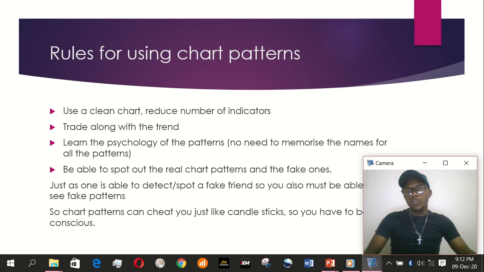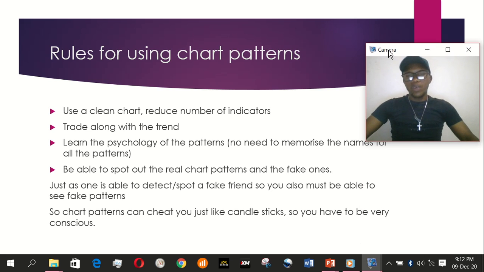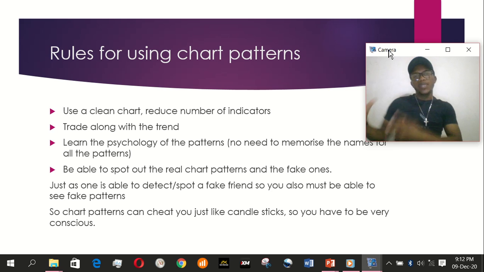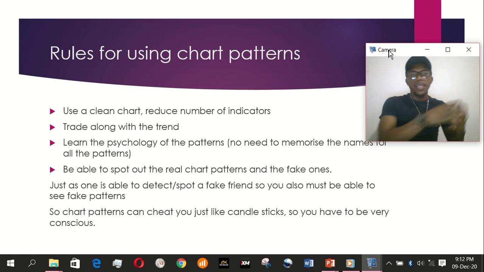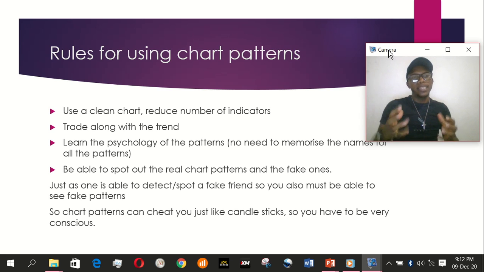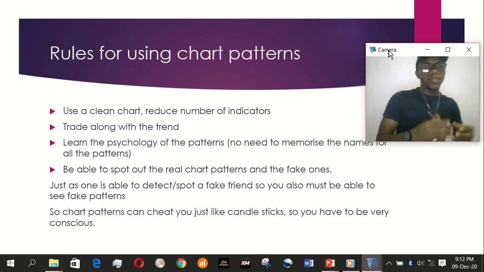Another thing, be able to spot the real chart patterns and the fake ones. Just as one is able to spot fake friends. For instance, you see that this person is not a good friend of mine, this person is a fake friend. So you must be able to detect the fake patterns, because the market is able to give you fake patterns most of the time.